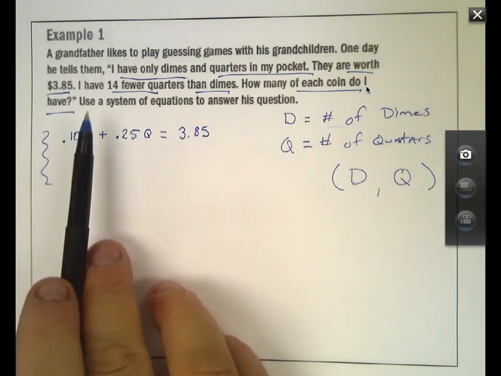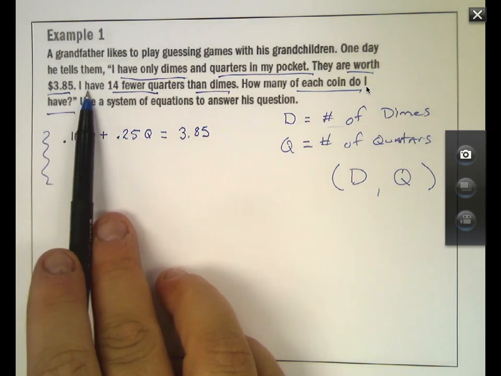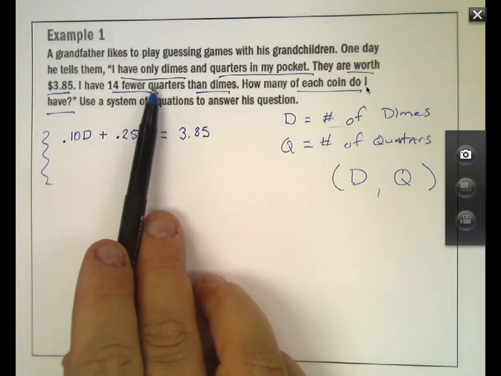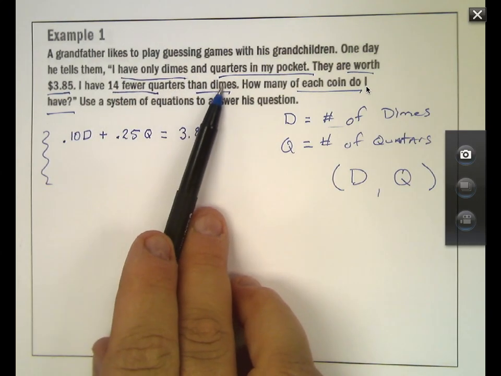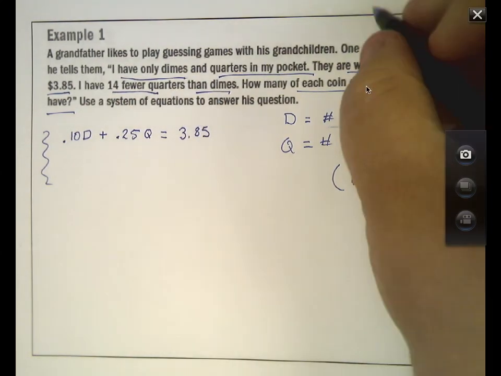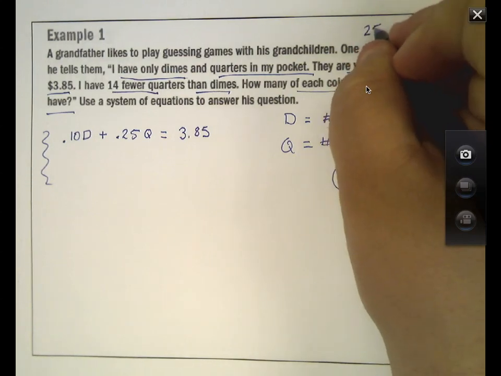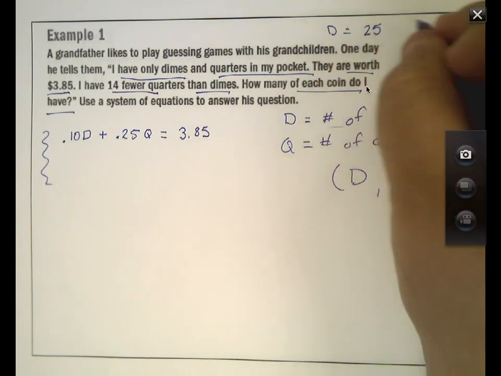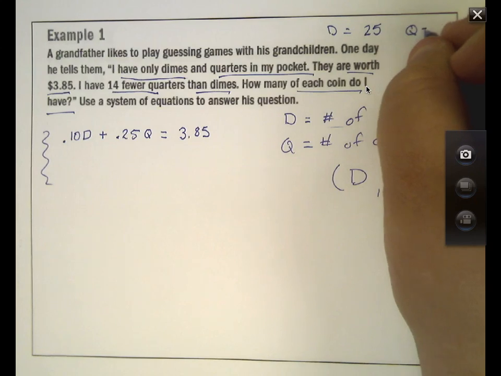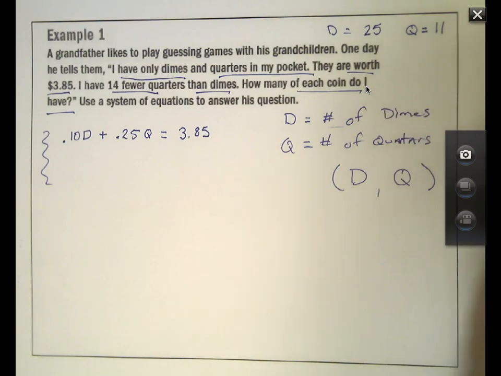He also said, for my second equation, I have 14 fewer quarters than dimes. So that means if he had 25 dimes, he only had 11 quarters. So how would you write that?